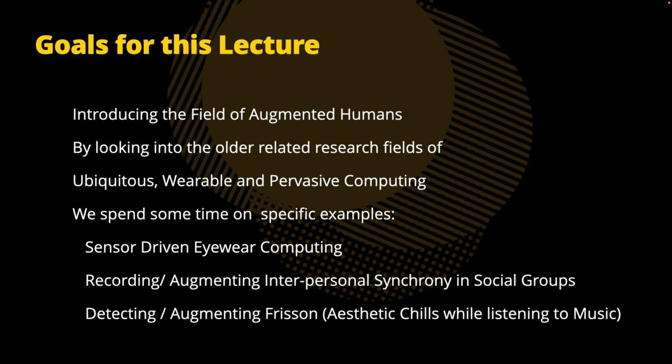So as a takeaway, you should get a broad overview over Ubicom, wearable, pervasive computing. You should know what activity recognition is, how it can be used, what the purpose is for this as an enabling technology. And you should get a good overview over augmented humans and have some ideas for either augmenting an individual or also augmenting a group of people.